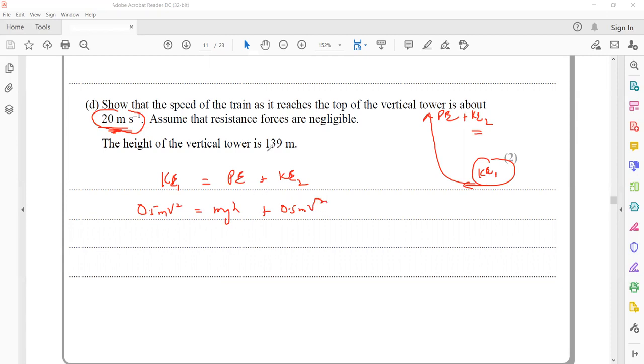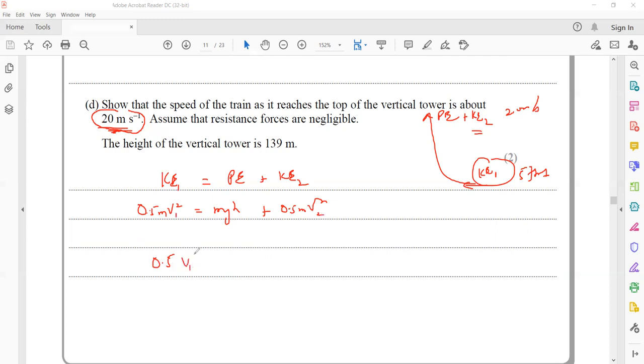But these two speeds are different, because the initial speed is 57 meters per second, and at this point the speed is 20 meters per second. So when we substitute, the m is common, so it will cancel out. So we are left with 0.5, this I can say v1, and this I can say v2.